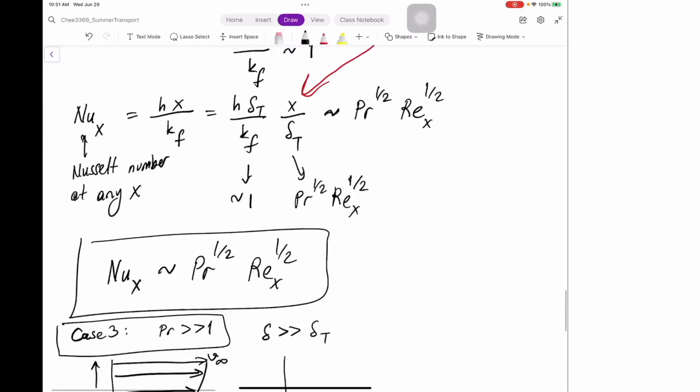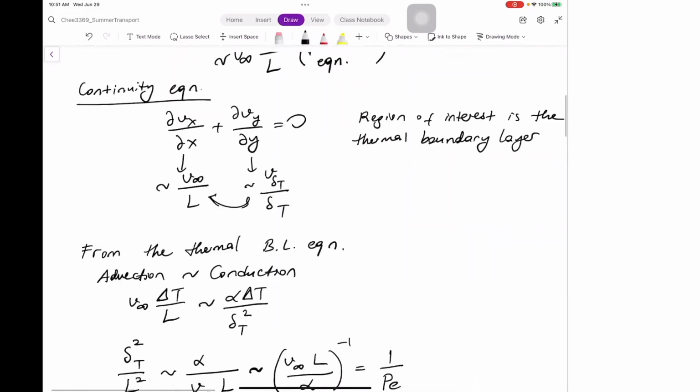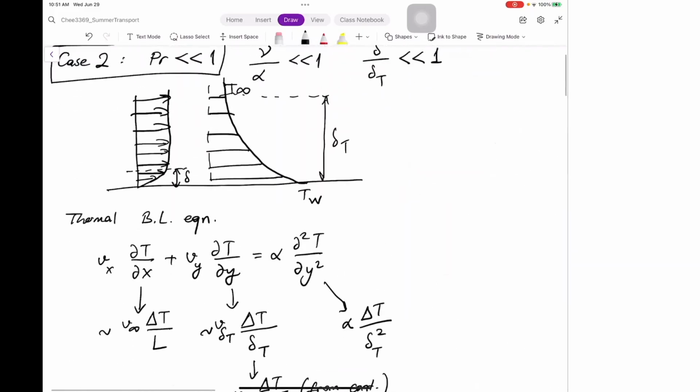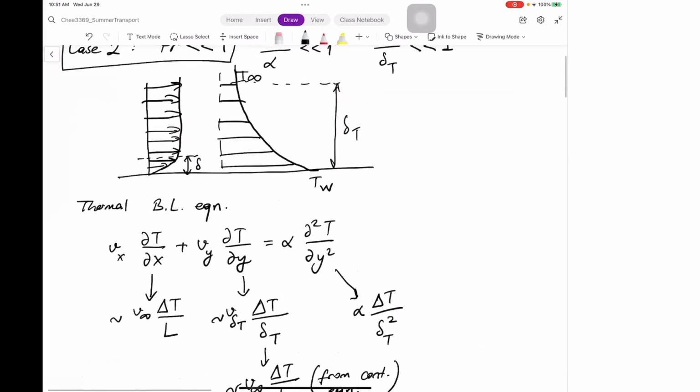Now, just a second. Let's go back. Have a look at this order of magnitude estimation. We say that the Vx is scaling with V infinity, right?